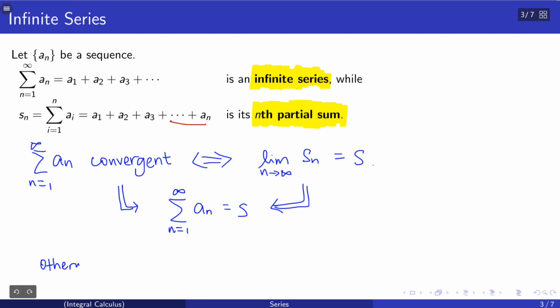Otherwise, if this limit does not exist, then we'll say that this infinite series is divergent. And just as a reminder, you should be careful, because convergent and divergent here, as referring to series, means something different than convergent and divergent for sequences. It's very similar, but they define different things in relation to these objects.